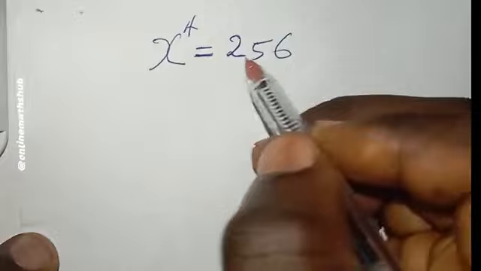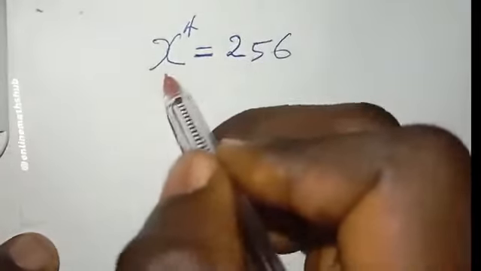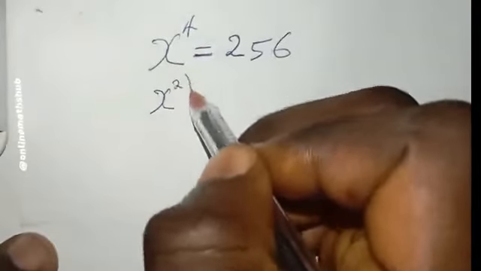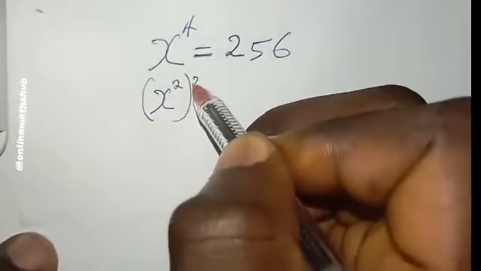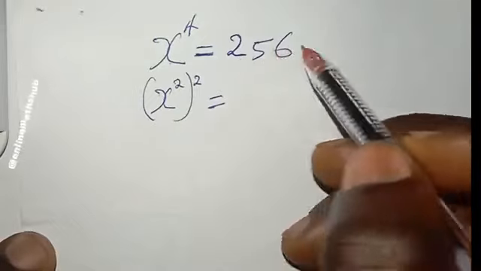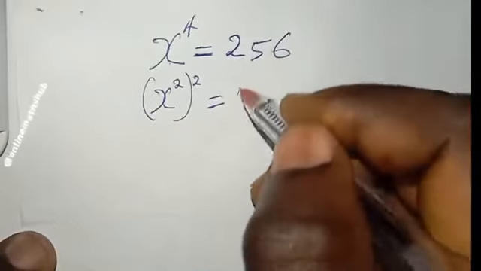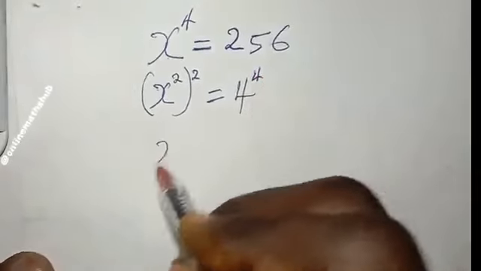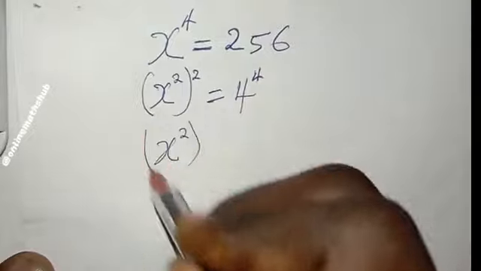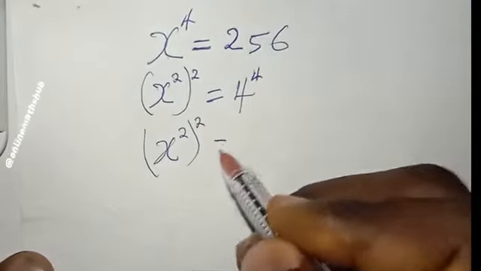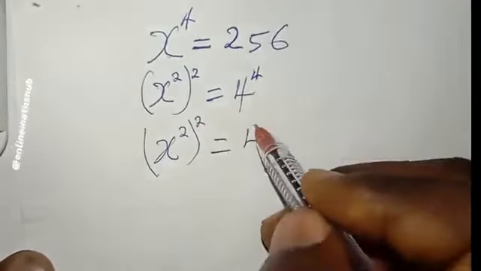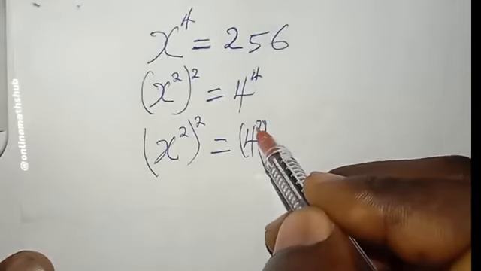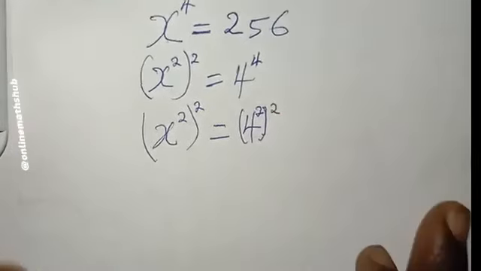So moving on, I can actually rewrite all of this. I can write this x power 4 as x power 2 and then power 2, and this 256, we can actually write it as 4 raised to power 4. You can also rewrite this as 4 power 2, and then power 2.